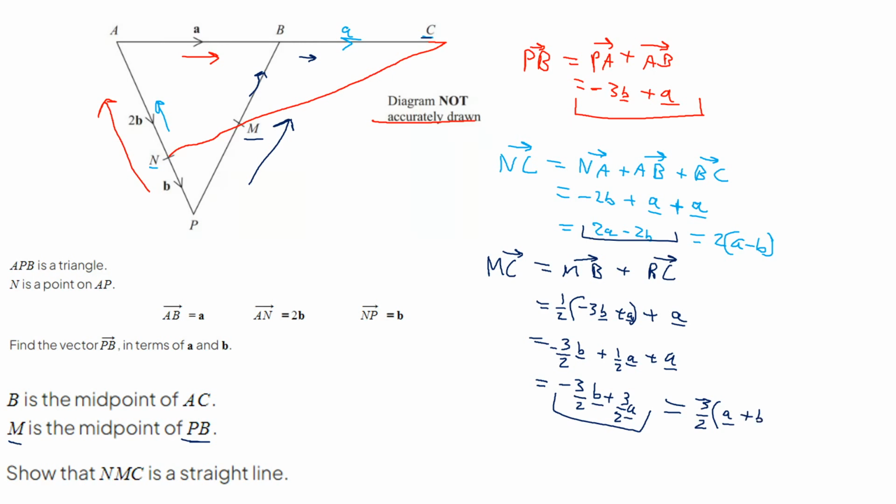And here's the part that I want you to understand. Because both of these have the same direction, they have to be straight. And this is only true because this is the scalar, but this is the direction, and therefore they have to be straight.